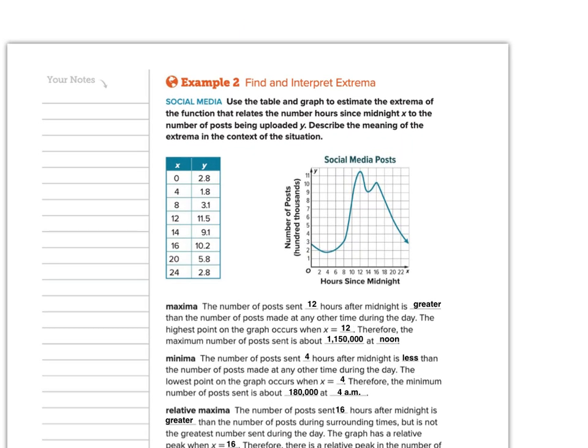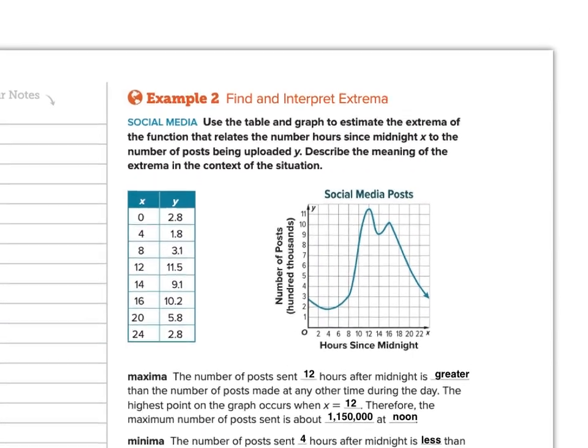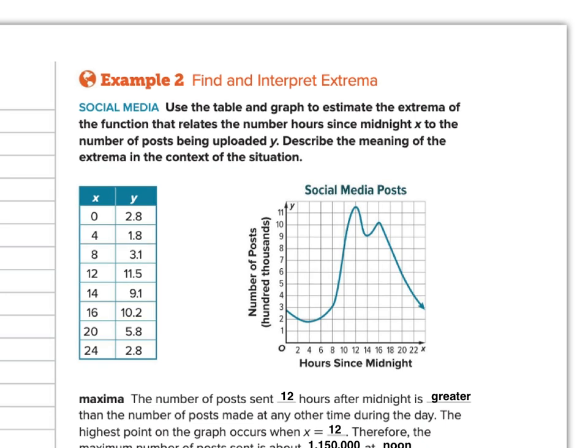Looking at this image, applying what is the purpose of it, or what does it mean? It says using a table and graph to estimate the extrema of a function that relates the number of hours since midnight, x, to the number of posts being uploaded, y. So the time over the quantity of posts.